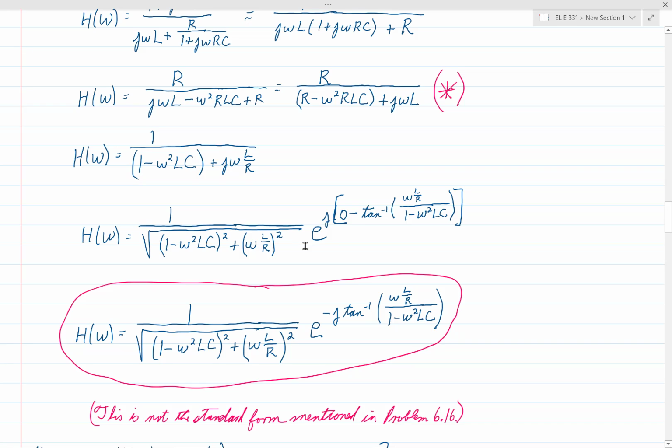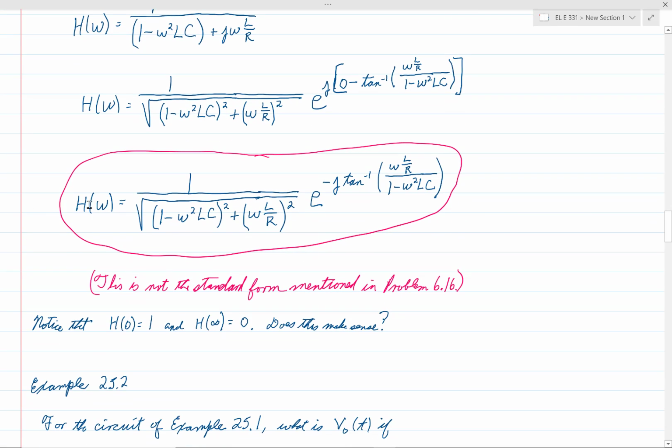And the phase is equal to the phase of the numerator minus the phase of the denominator. Well, here's the magnitude of the numerator divided by the magnitude of the denominator. And the phase of the numerator, since this is a positive real number, the phase is 0. And the phase of the denominator is just the inverse tangent of the imaginary part divided by the real part. So that's how we get this.